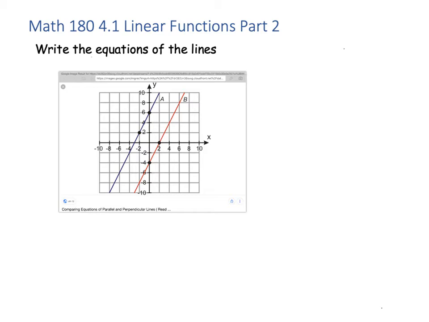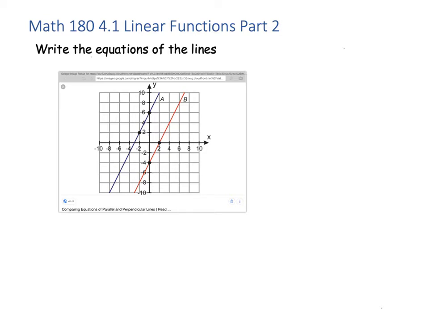So to find the slope, we start at that point (-2, 2). And then let's count how many we have to go up to get to the next point. Well, we go from 2 to 6, so that's up 4, a positive 4. And then how many to the right?